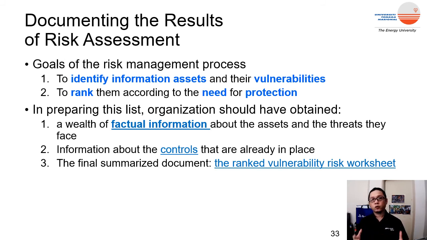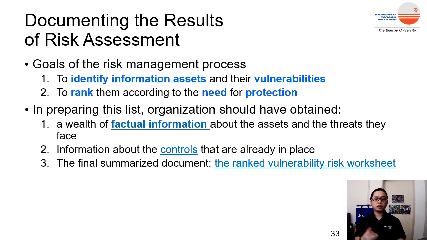Again, if you have very limited resources, this exercise is very important because you can prioritize which one to focus on first and foremost. And of course, in preparing this list, organizations should have obtained at the very end a very thorough roadmap of what you have, what could cause harm, and what is the weakness that you must address.